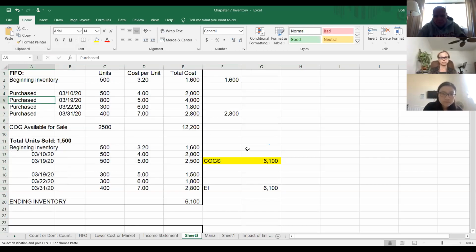Okay, here's what we're going to do, ladies and gentlemen. We are going to use the same numbers. With FIFO, we came up with a cost of goods sold of 6,100, right? And an ending inventory of 6,100.